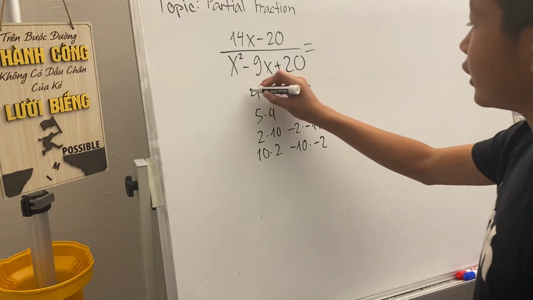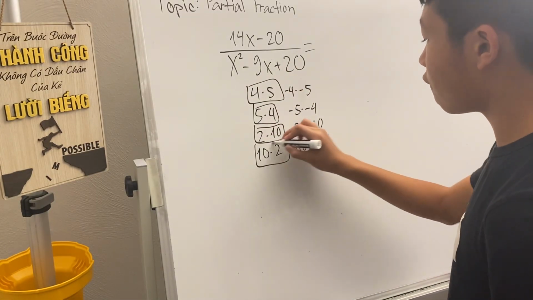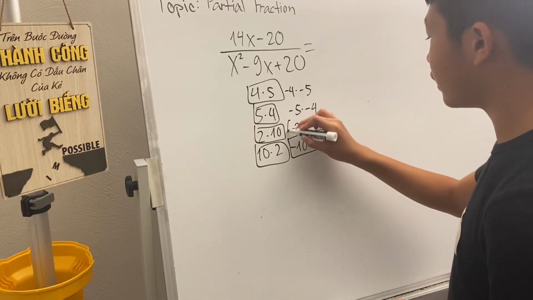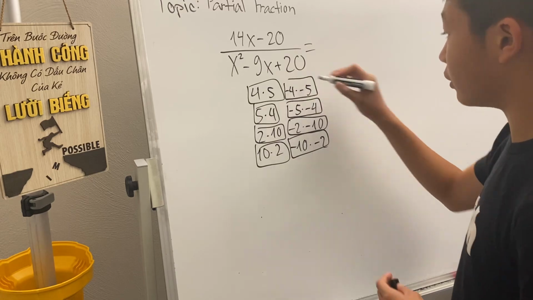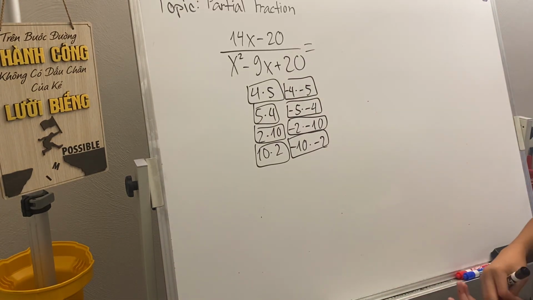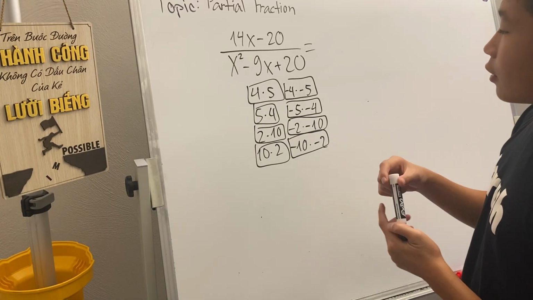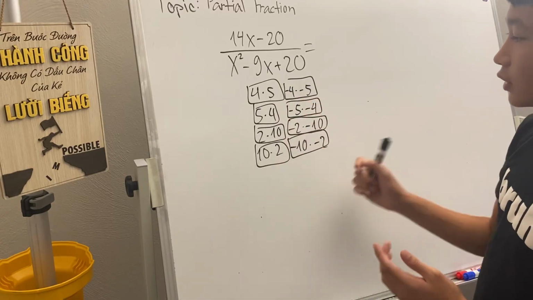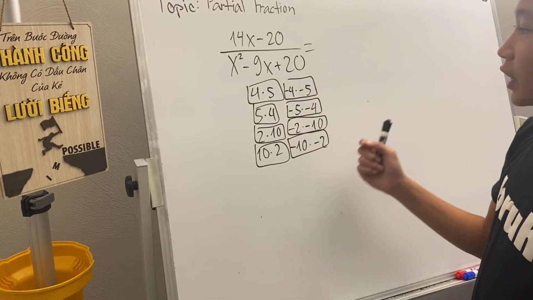So there's our 1, 2, 3, 4, 5, 6, 7, 8 options for you to choose. But which one? You can only pick one, maybe 2. When you multiply it together, you get 20, but added together they equal negative 9.